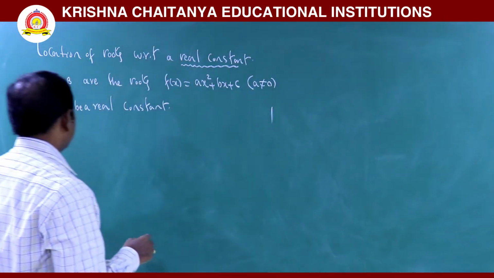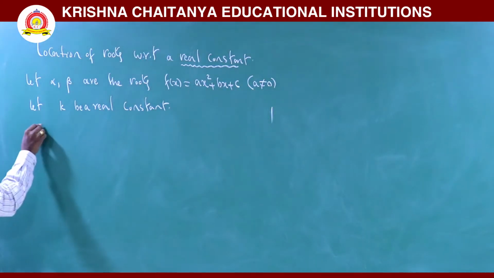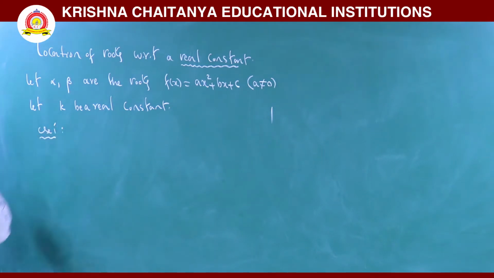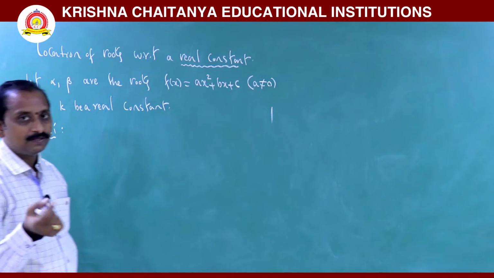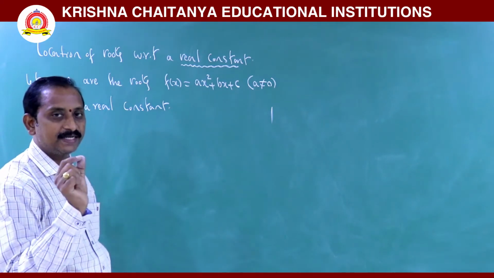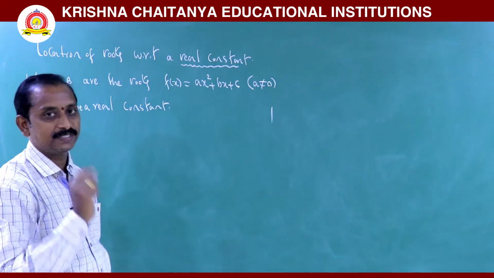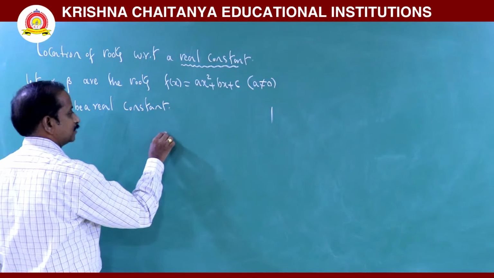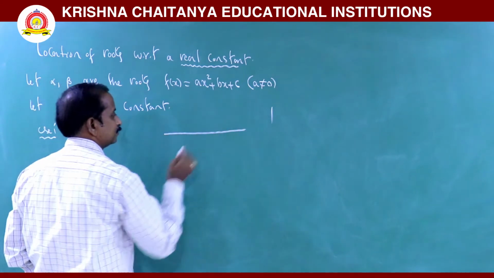Now, for example, consider case 1. What is case 1? Each root of the quadratic equation or expression exceeds the real constant. Means, for example, this is the real line.